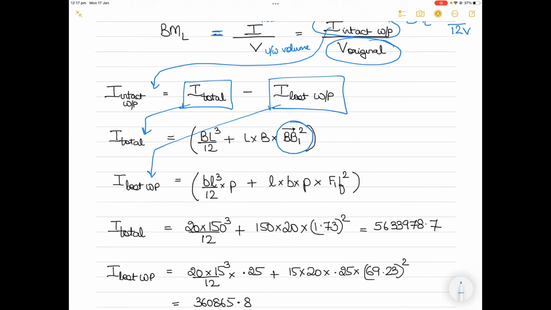And the moment of inertia of the lost water plane is very similar, BL cube by 12. This is of the compartment, and this is the vessel. Multiplied by, because permeability is there, plus length by breadth by permeability, multiplied by F1F square, the distance from the new center of rotation to the center of the compartment.